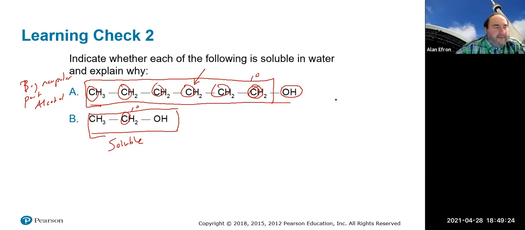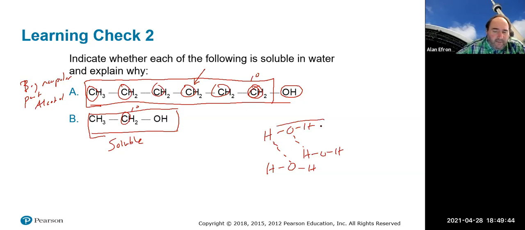Remember as well, when we talked about water and its solubility, in order for things to be soluble in water, you have to replace water-water interactions with similar interactions. Water is a relatively small molecule.